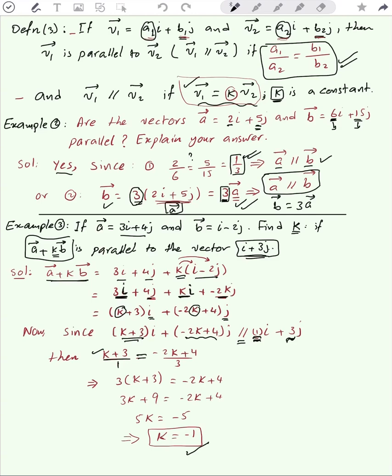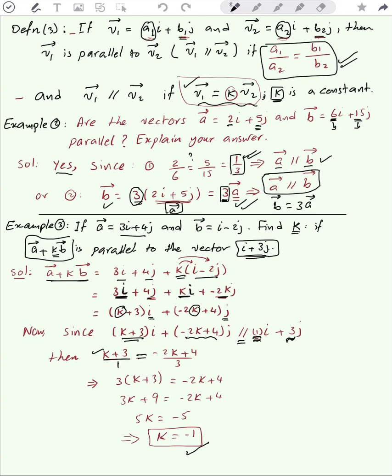The last example for today, example 3, another way of asking, a different way. If the vector A is equal to 3i plus 4j, and the vector B is i minus 2j, this is one of the more important questions. Find k when A plus kB is parallel to the vector i plus 3j.